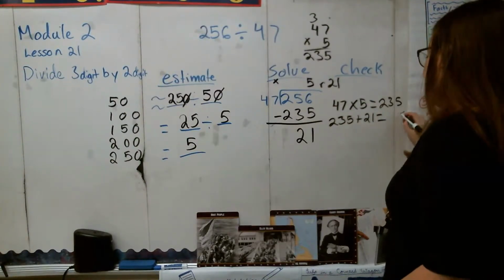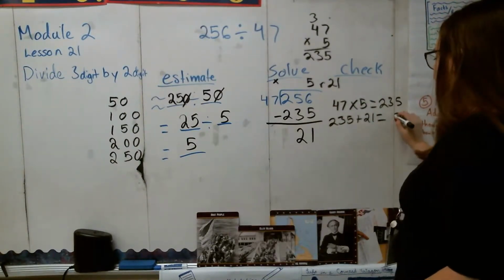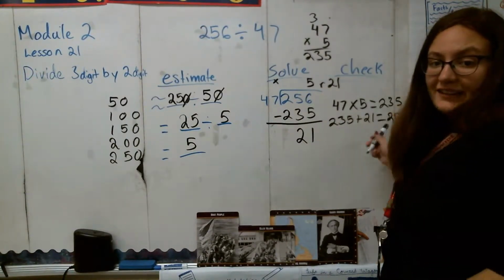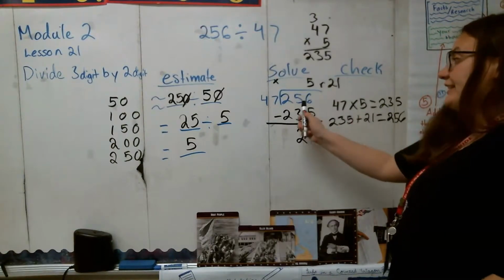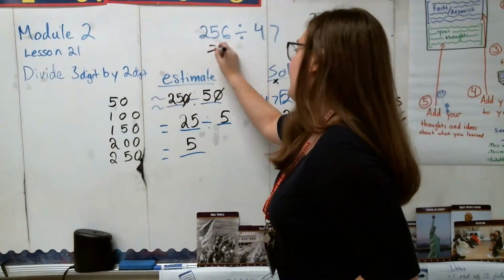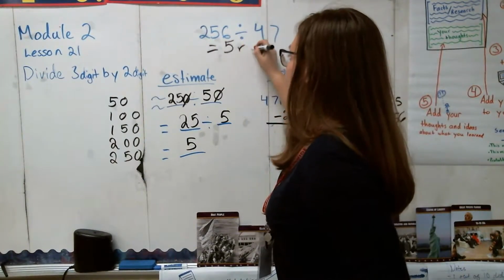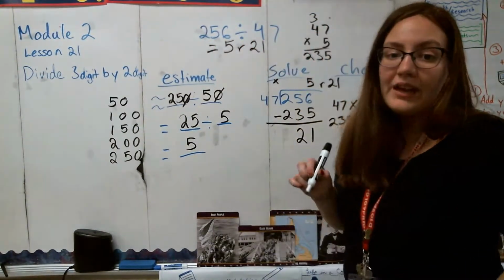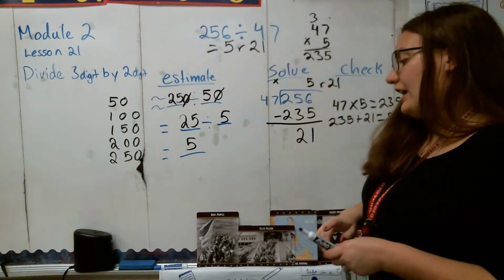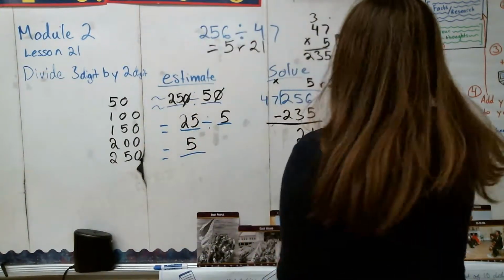So 5 plus 1 is 6, 3 plus 2 is 5, and 2 plus nothing is 2, which gives me 256. This number right here matches this number right here, so my final answer is confirmed as 5, remainder 21. So that is our first problem. Make sure you have all of this work done, and then we will move on to our next problem.